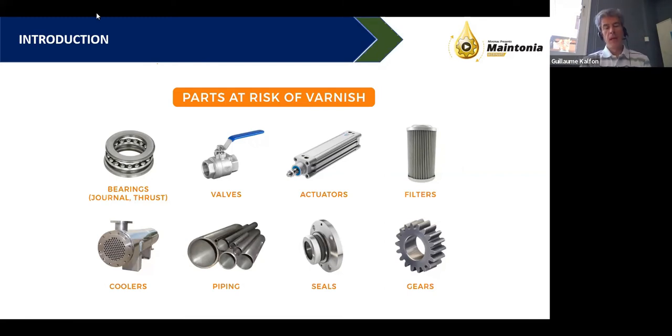So it will form in different types of machines. The types of machines where it is the most relevant are turbo machines like steam turbines, like gas turbines, and the actual type of compressors. So turbo compressors, centrifugal compressors. And another type of equipment where the varnish problem will cause havoc and bring you big problems is hydraulic systems.